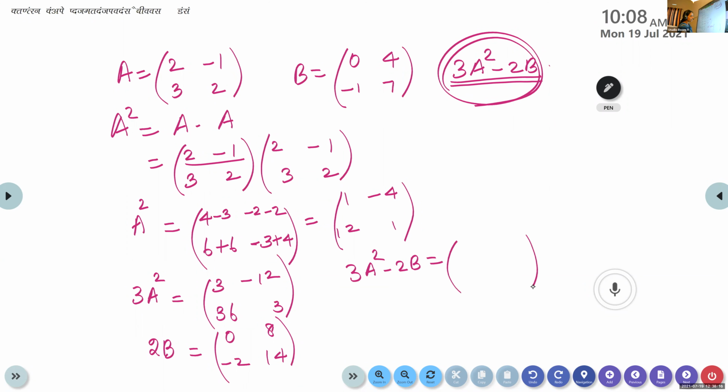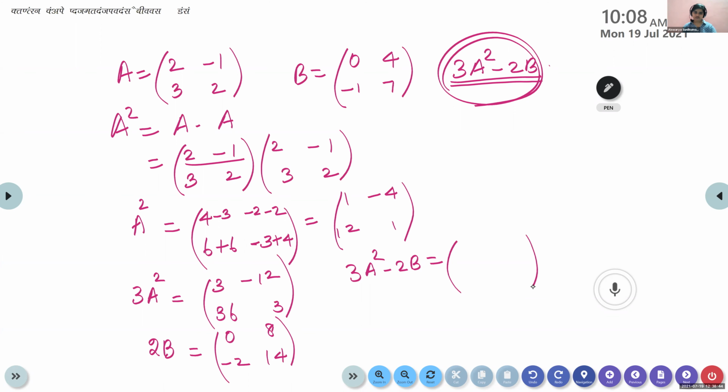When we subtract, we have to subtract the corresponding entries. Aishwarya, you finished? Very good. Children, keep it in mind, you have to develop speed. Then only we will be able to complete the MCQ questions within the specified time.